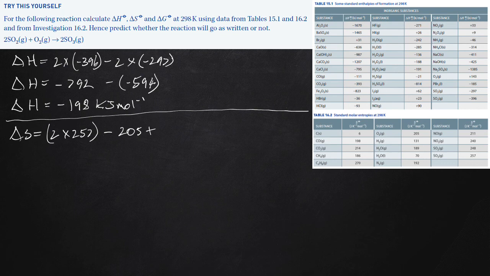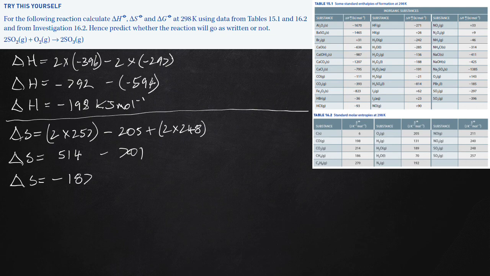We need to do the sum of our reactants, 205 plus 2 moles of sulfur dioxide, 2 times 248. So our change in entropy is looking like 514 minus, yeah, that's 701.